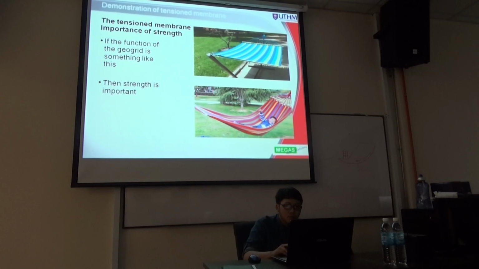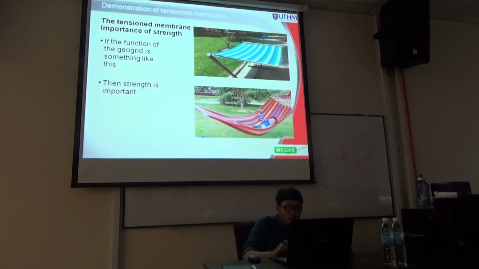Yes, settlement. You will start to settle, you will start to have this type of problem before it achieves the full strength to support the load on top. Okay? So this scenario we call the tension membrane mechanism. Yes, the performance is based on tension.